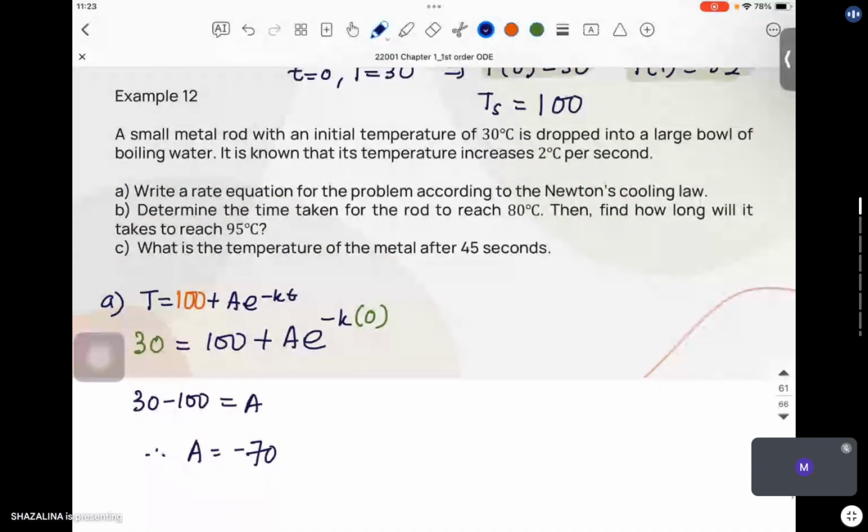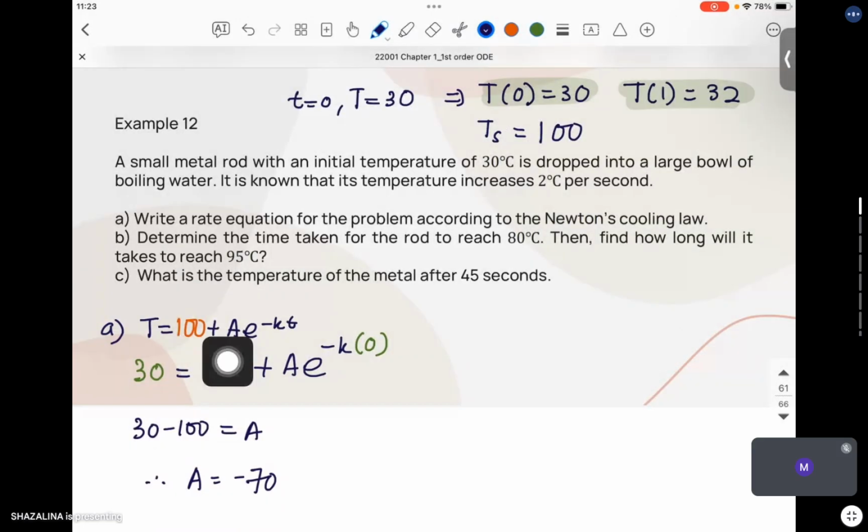Okay, next. We just calculated A. Next we need to calculate k by using the second condition. So sekarang ni saya masukkan dulu our A. A here is negative 70. Kita akan guna lagi sekali by substituting capital T equals 32, small t equals 1. 32 equals 100 minus 70 exponent negative k times 1.